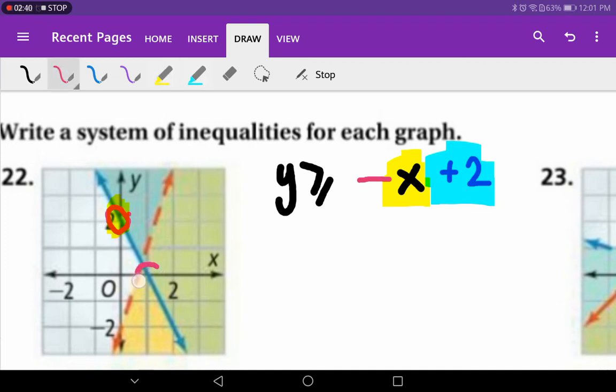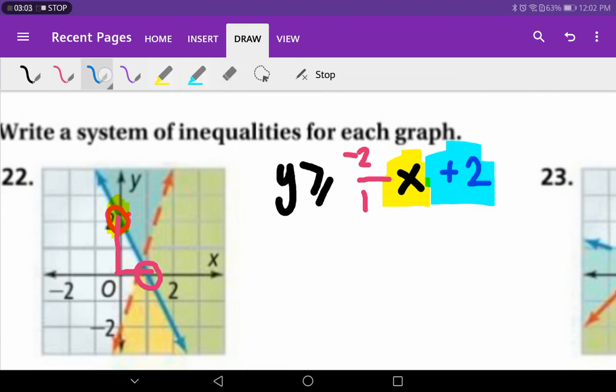This is the second nice point. As you see, you need to move down 2 steps. Move down 2 steps, that means -2, and 1 step to the right, that means over 1. So the first inequality for this graph is -2 over 1x +2.